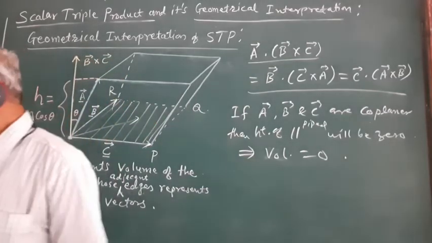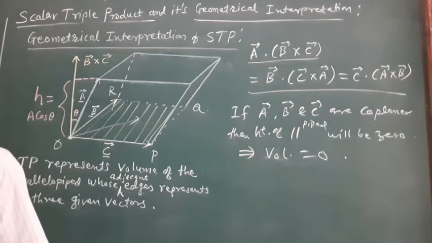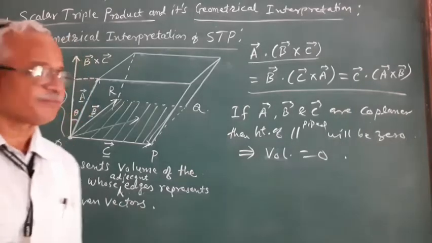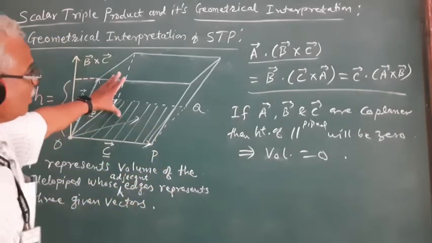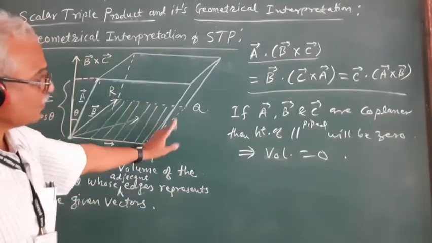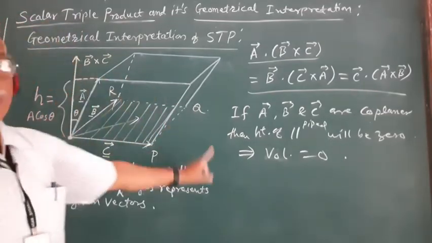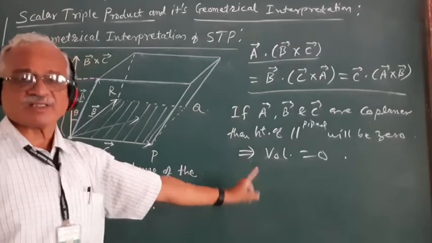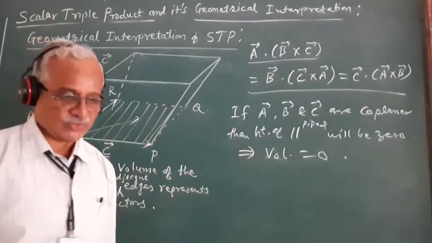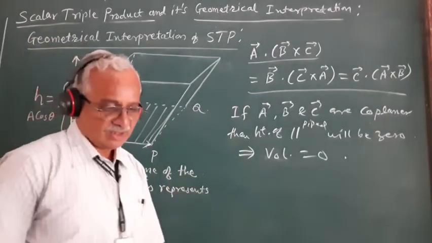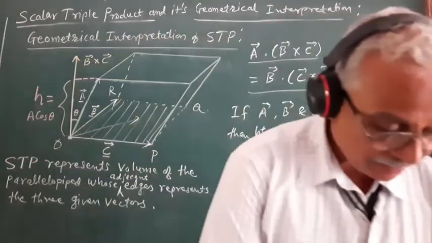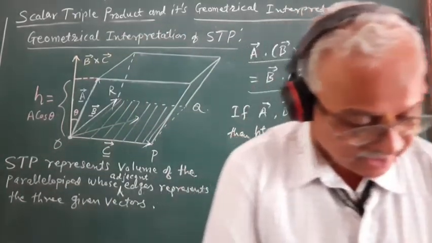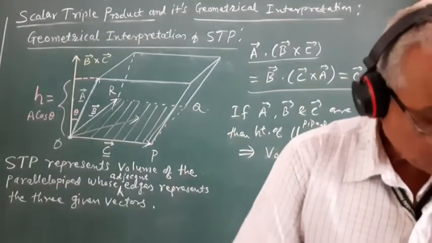So if all the three vectors are coplanar, then the volume of this parallelepiped will be equal to 0, so that the scalar triple product of such three coplanar vectors will be equal to 0. So that is the geometrical interpretation of the scalar triple product.